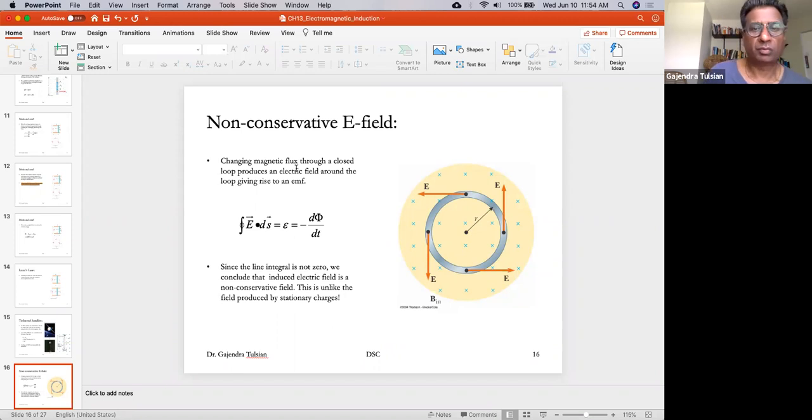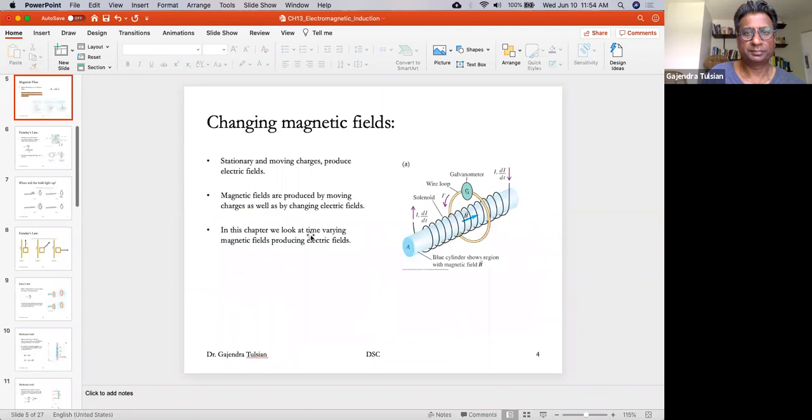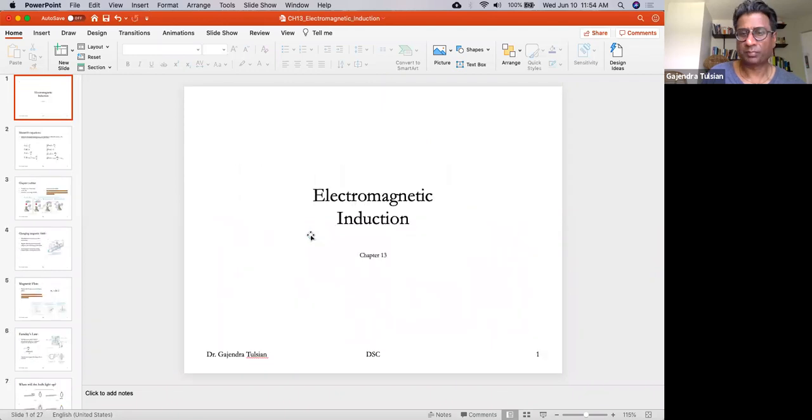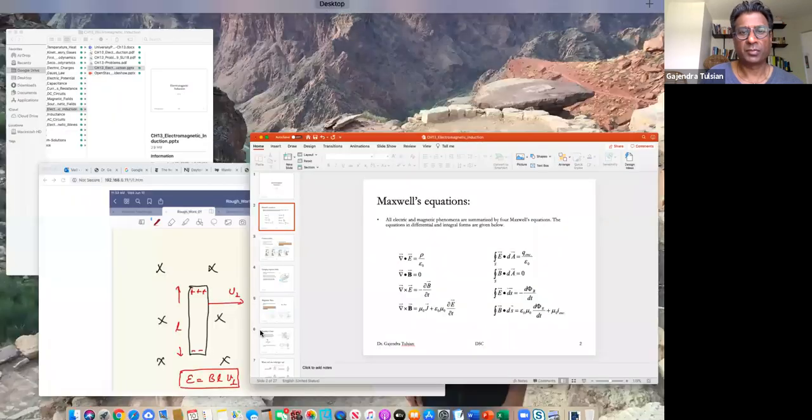Okay, so now we're going to comment on this electric field being a non-conservative field. What we're doing is the following. We saw that charges produce electric fields, and in this chapter, what we're learning is that time-varying magnetic fields produce electric fields.